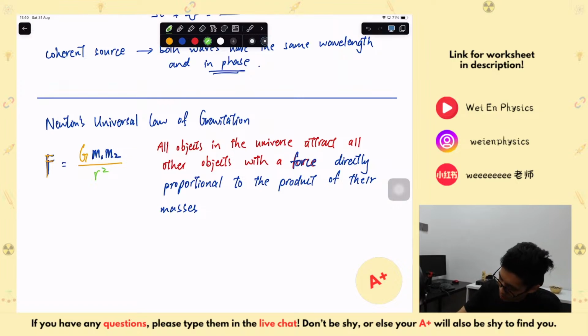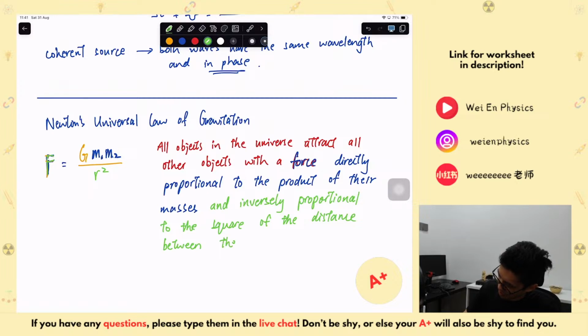Okay, force is directly proportional to M1 and M2, the product of their masses. And inversely proportional to the square of the distance between their centers.